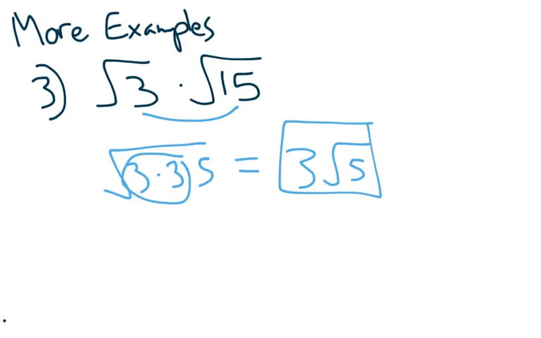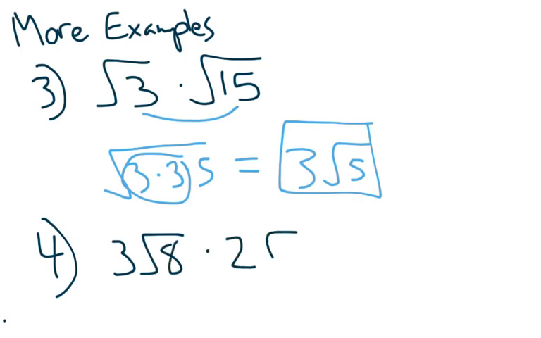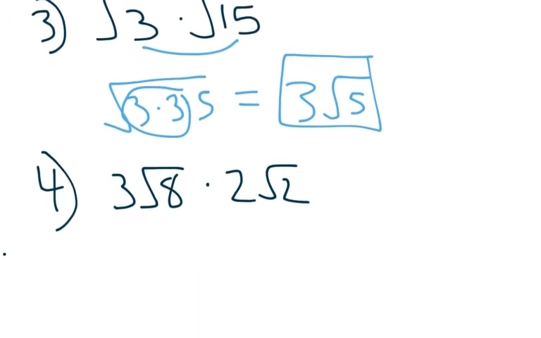Next, let's put some numbers on the inside and on the outside. So let's say we're looking at something like 3 root 8 times 2 root 2. Now the point of this example is to talk about what can be multiplied and what can't be multiplied. This 3 and 2 can be multiplied. This 8 and 2 can be multiplied, but they do not interact unless you've reduced a square root.